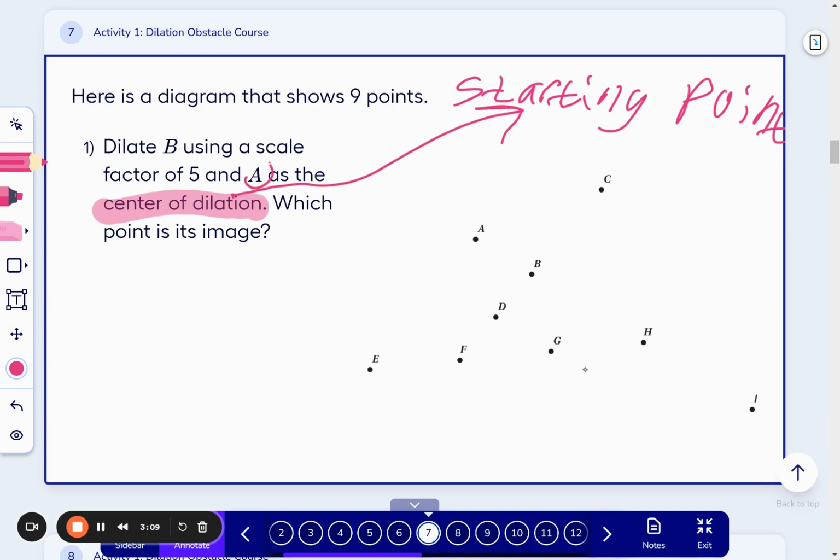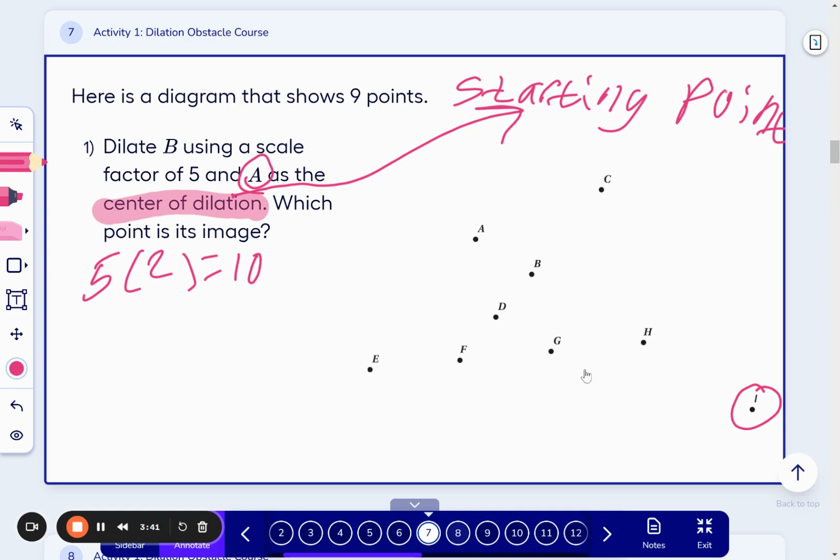So we're going to start at A. We're going to dilate B by a scale factor of 5. So 5 times the distance from A to B. So take out a ruler, measure the distance from A to B, which is 2 centimeters. So we're going to look for something that is 10 centimeters, and that would be I.